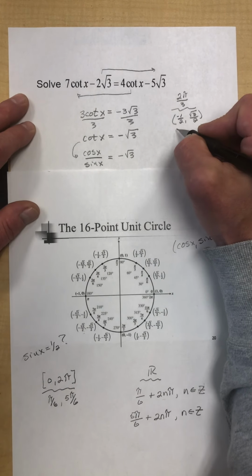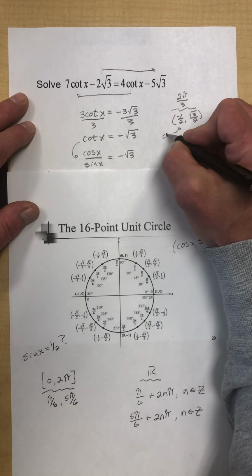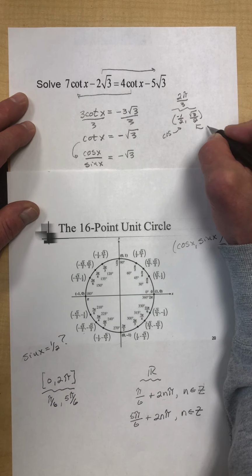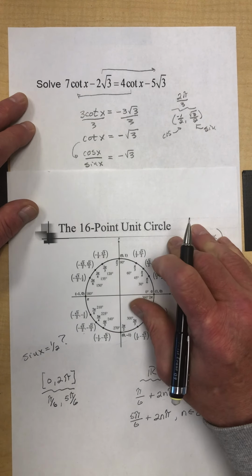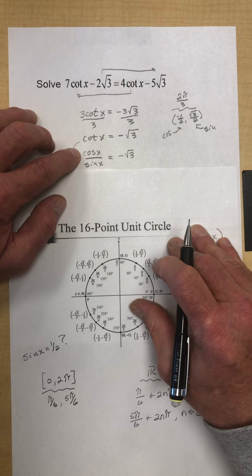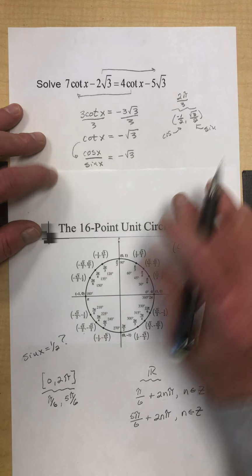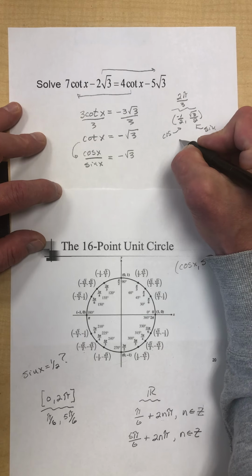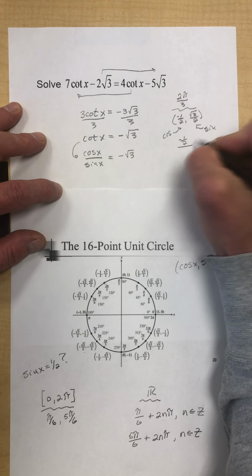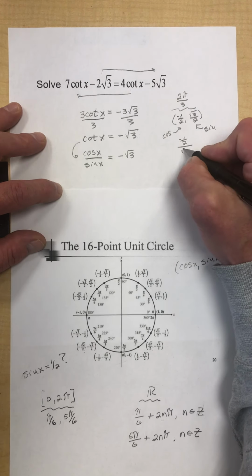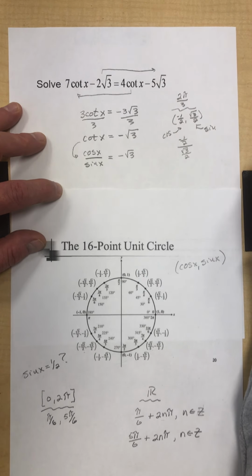And remember, your x coordinate is cosine. Your y coordinate is sine. So to get cotangent, I've got to go my x coordinate over my y coordinate. Let's see if it'll give me that. So I go my x coordinate, -1/2, over my y coordinate, radical 3 over 2, like that.